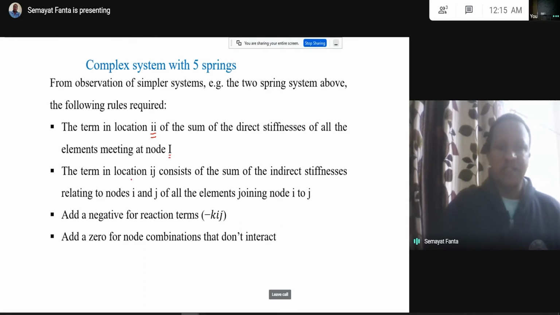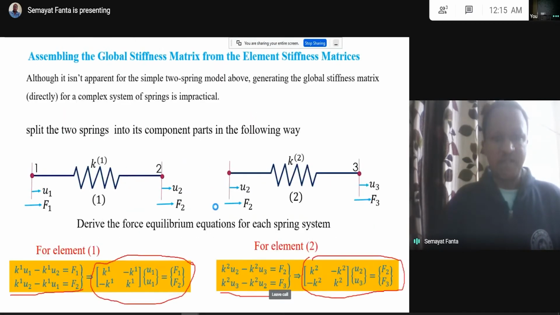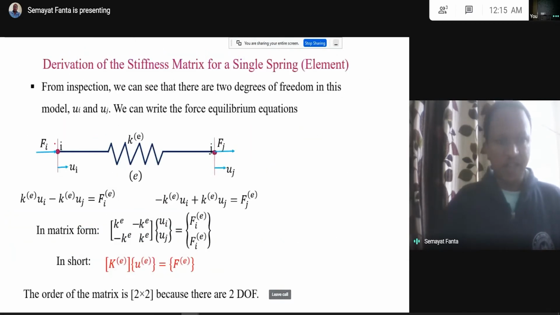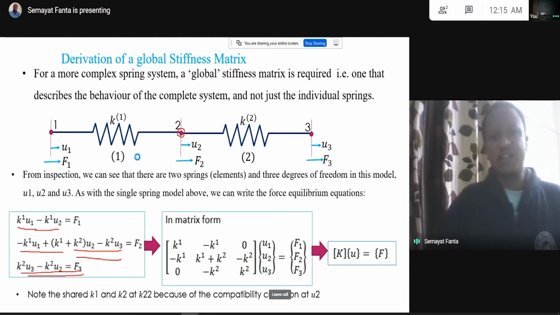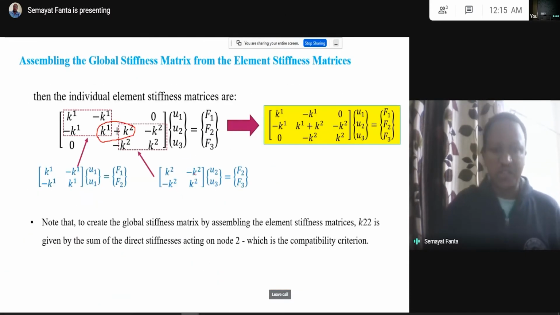The term in location ij, where i is one of the nodes and j is another node, means the 2 nodes of an element. ii means only the same node, but ij means the 2 nodes.